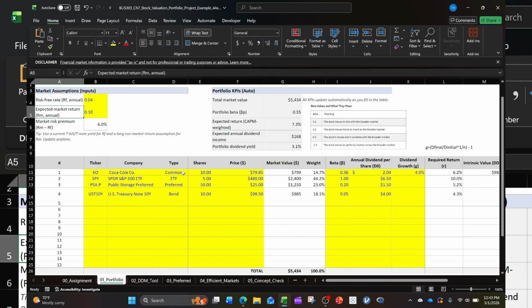This is an example of a common stock, which I gave you in the assignment, an ETF, a preferred, which we did not go over, and a bond, which we went over briefly last chapter.